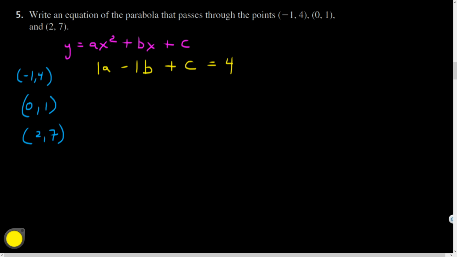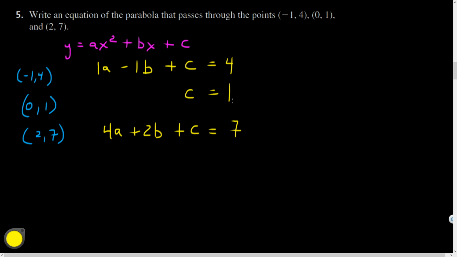Plug in 0, 0 squared is 0 times a is still 0, so there's 0 a's, there's 0 b's, so I'd get c equals 1. That's helpful. Then I'd plug in 2 for x. 2 squared is 4, so that's 4a plus 2b plus c equals 7. The 7 is the y there, I just threw it on the other side.